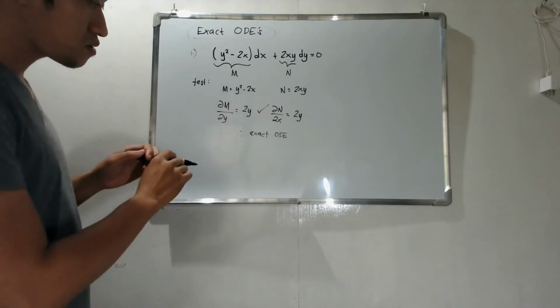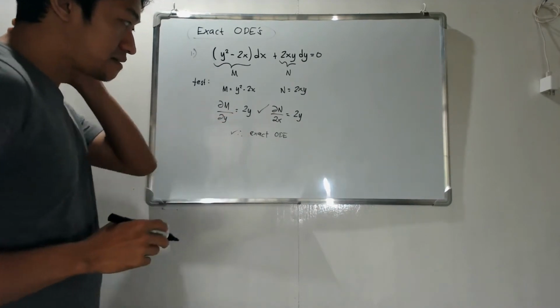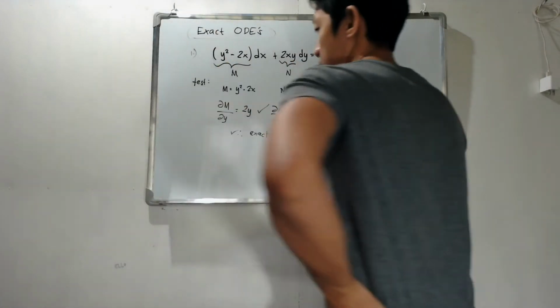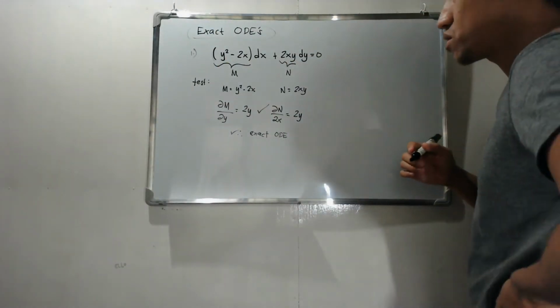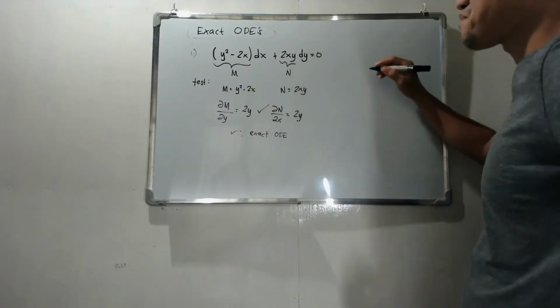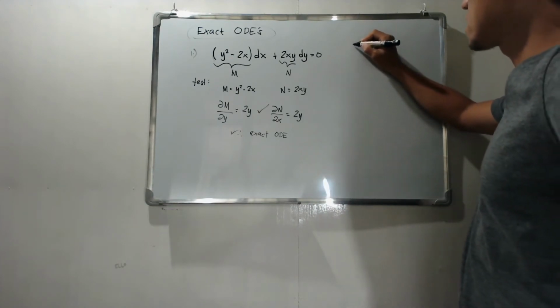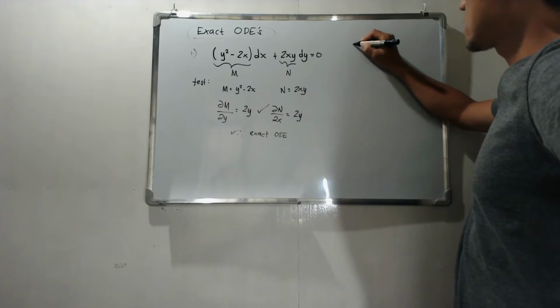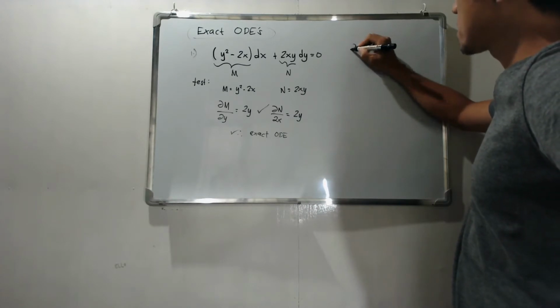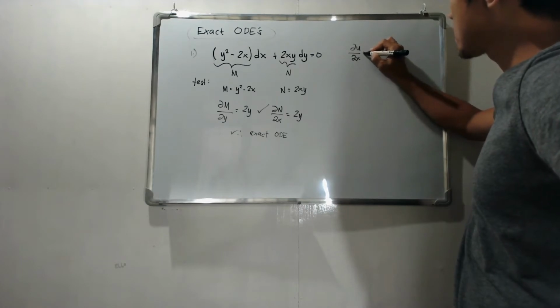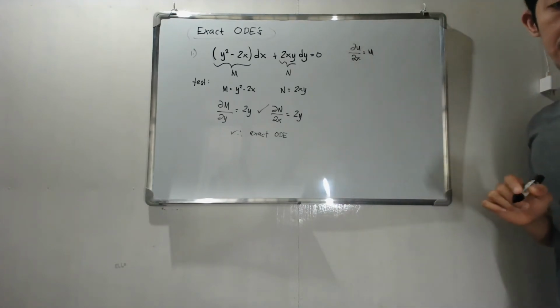Okay, once you satisfy this criteria, you are now ready to proceed to the next step. By the way, partial of u with respect to x is equal to m, right?